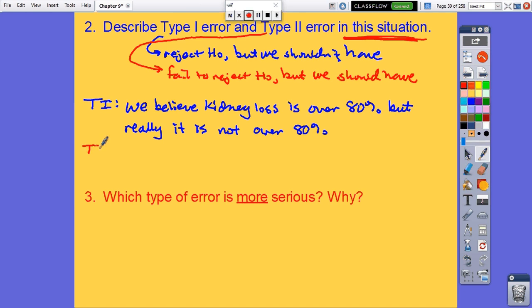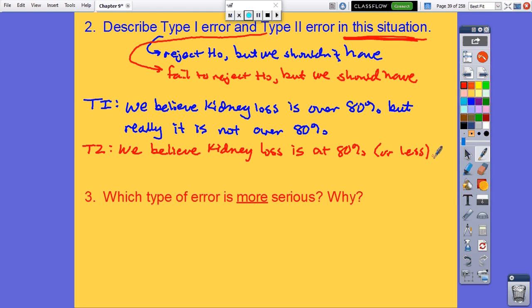Let's talk about that. Type 2. So we believe, again, we fail to reject. So we believe kidney loss is at 80%, really, or less, right? We're not on dialysis.